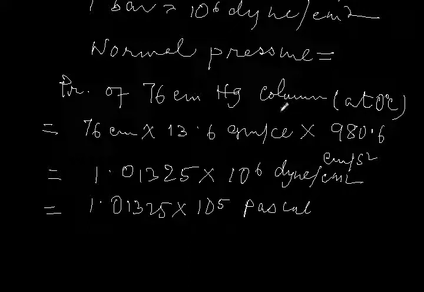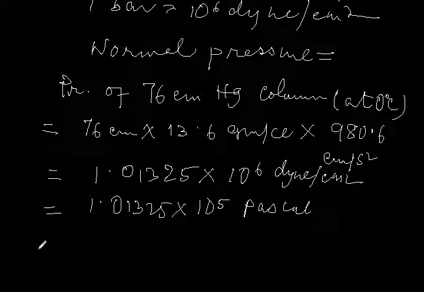Because the density of mercury changes with the change of temperature. So which mercury will be taken and at which temperature, under which density the pressure will be determined? We will take the calculation of mercury at 0 degree Celsius. At 0 degree Celsius there will be a fixed density and that density is approximately 13.6 gram per cc, and taking this we calculate the normal pressure.